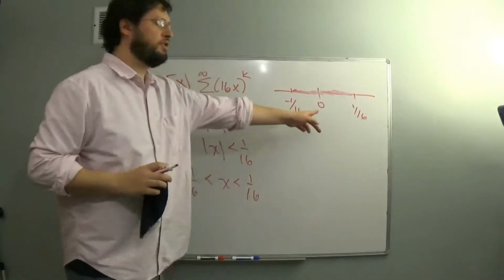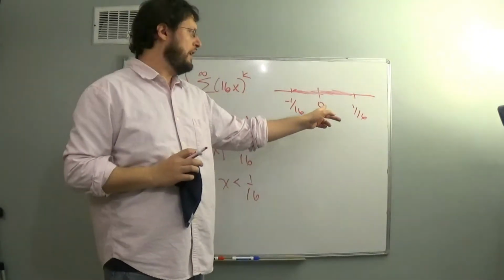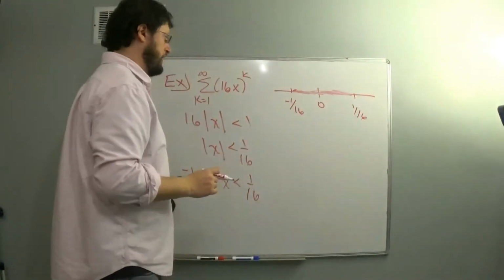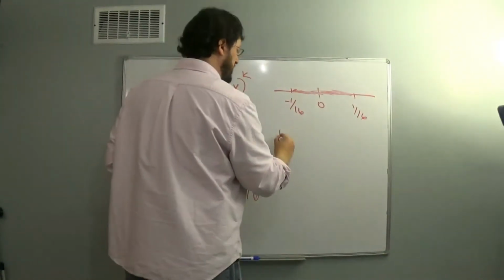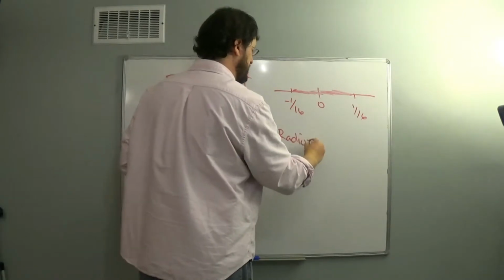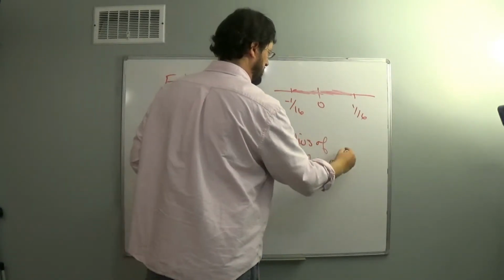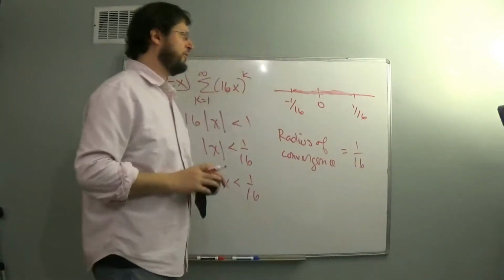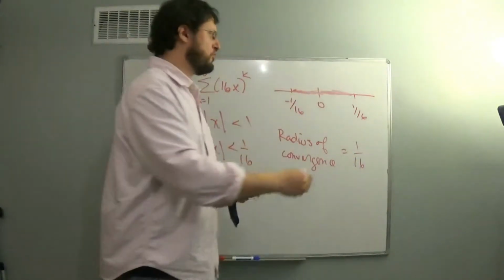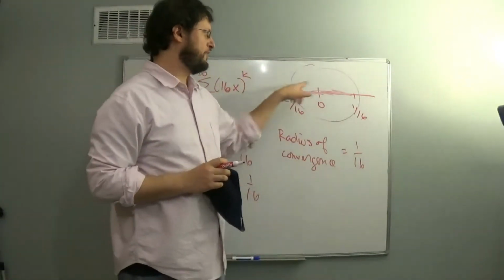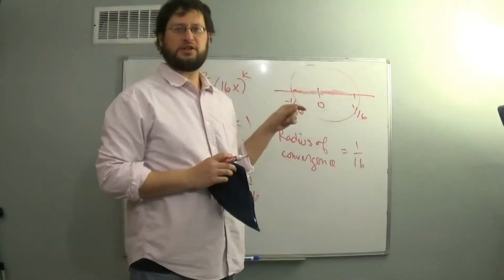If we think about 0 as the center, then it moves 1/16 in either direction. And so our word here is the radius of convergence. You want to think about it as starting at 0 and drawing a big circle of radius 1/16. And if you do that, then you have the shaded region that's right here.